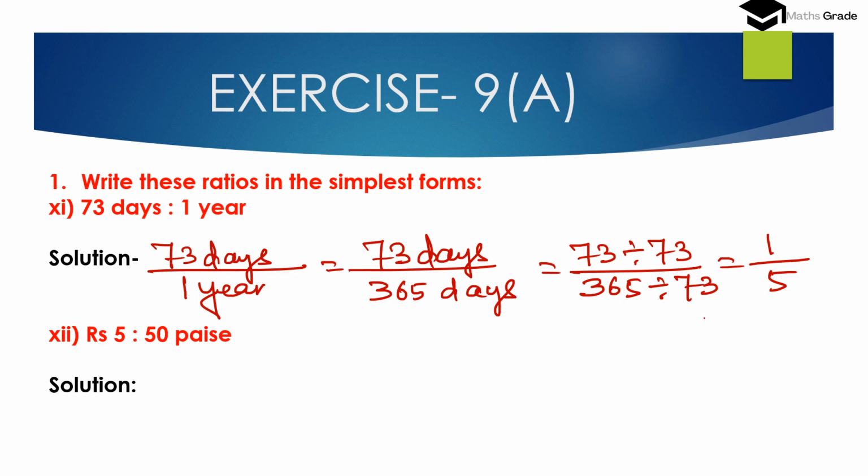Now we get 1 divided by 5, that is 1 is to 5. And 1 is to 5 is the simplest form of the ratio 73 days is to 1 year.